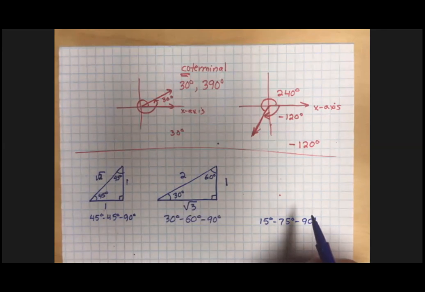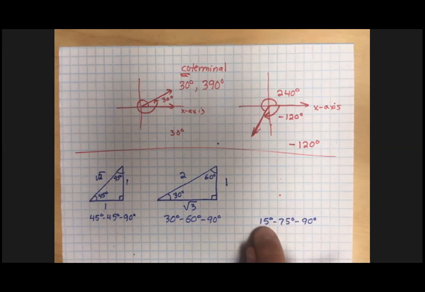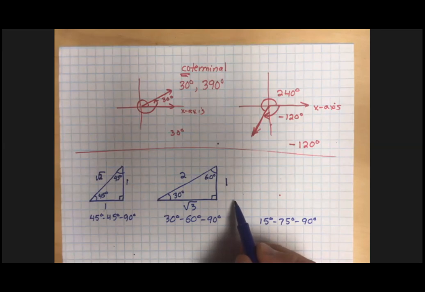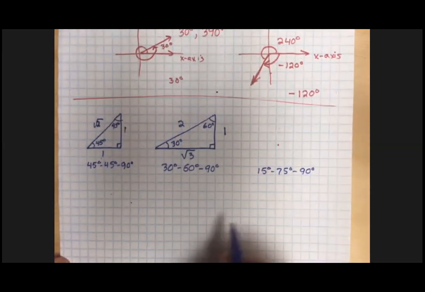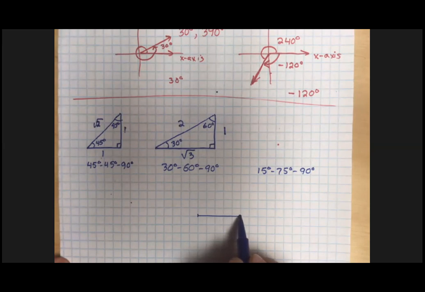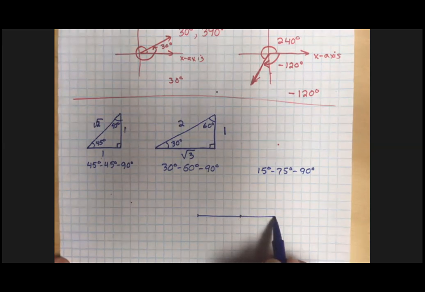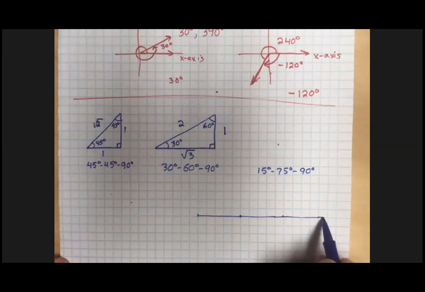Here's another tip. If you want a 15, 75, 90 triangle, then draw a triangle that is 15 boxes. I don't think I'm going to get 15 boxes here. Let's try it right here. 5, 10, 15.